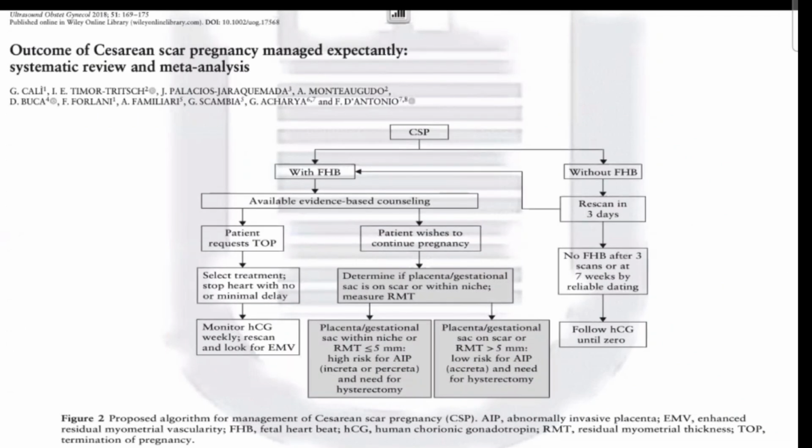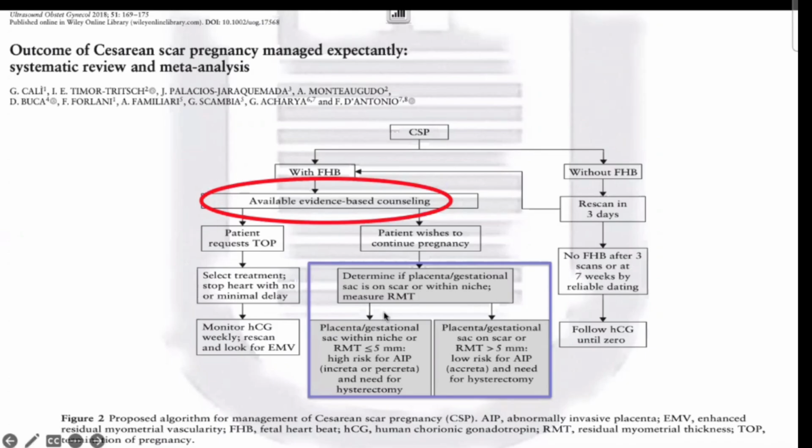So it is nice to understand that when we have an ectopic pregnancy, we can have a pregnancy with or without a heartbeat, and it can be viable, and the patients wish to continue the pregnancy with a high risk of placenta accreta and hysterectomy, which is higher for sure when the myometrial thickening is less than 5 millimeters.